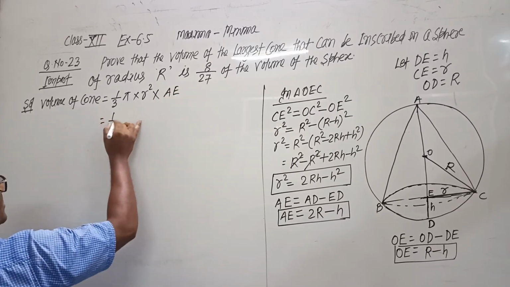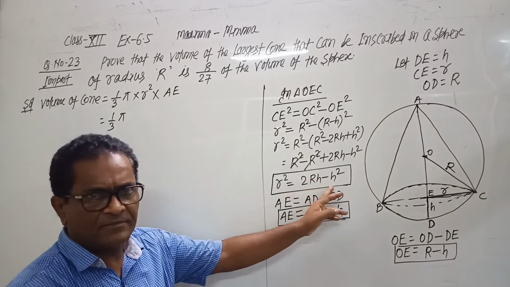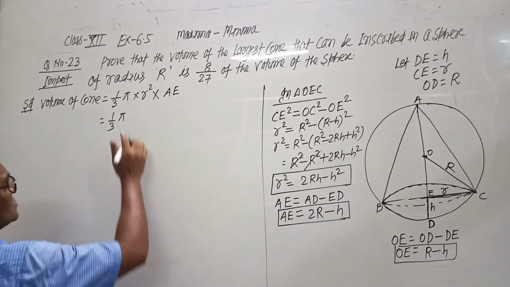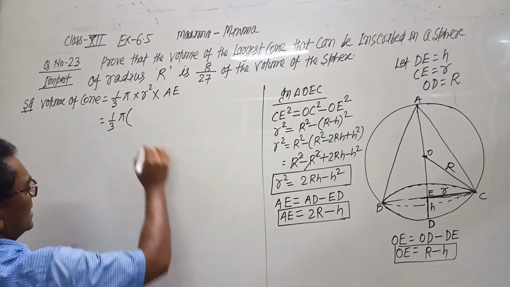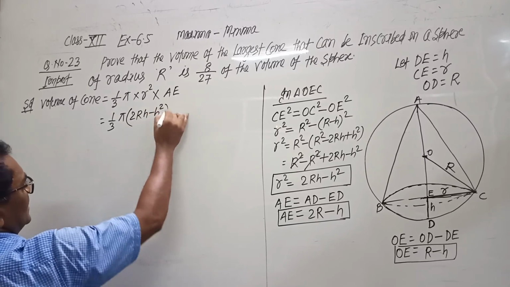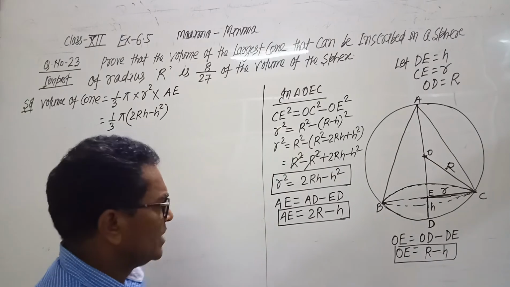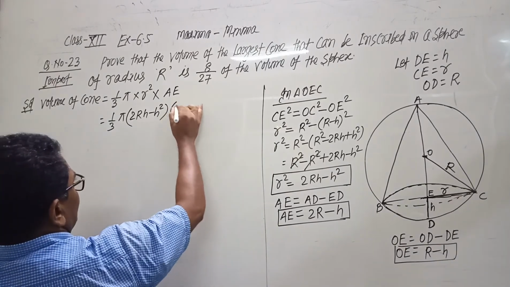So 1/3 π, and in place of r² we write 2Rh minus h², and the value of AE we have also calculated: 2R minus h.